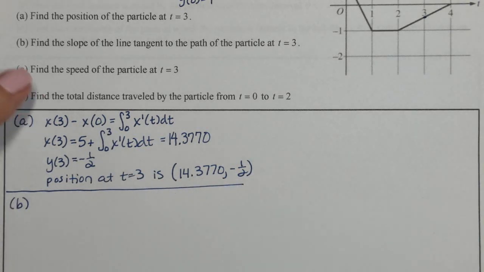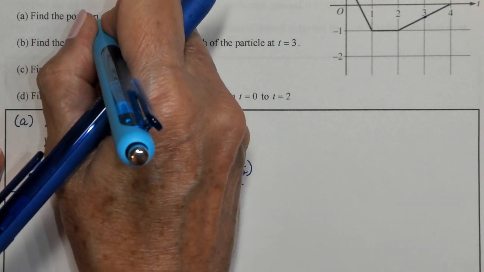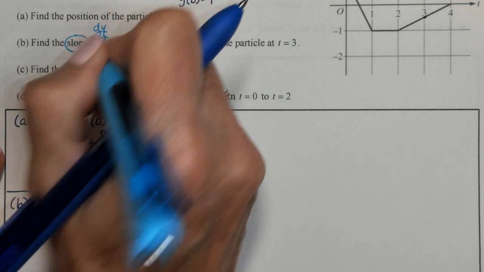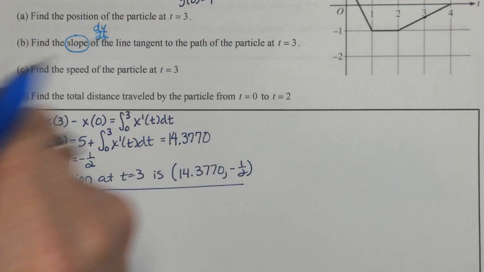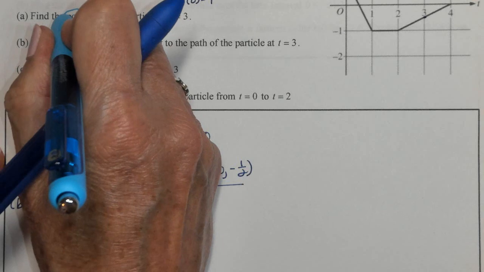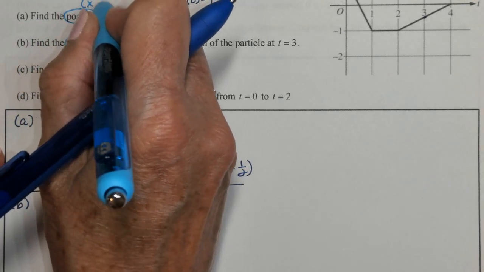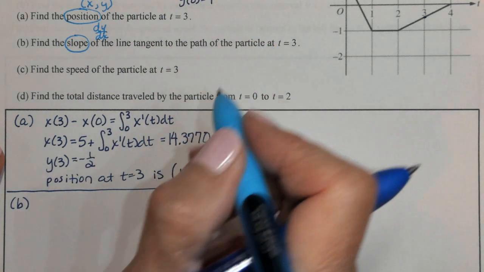Part B. Find the slope of the line tangent to the path of the particle at time 3. Slope is dy/dx. Okay? Position is the x-coordinate and a y-coordinate. That's position.